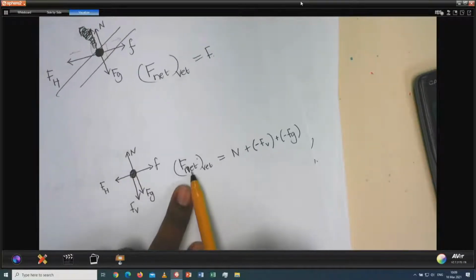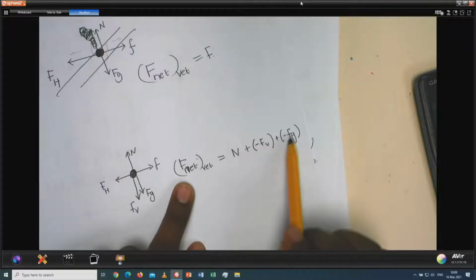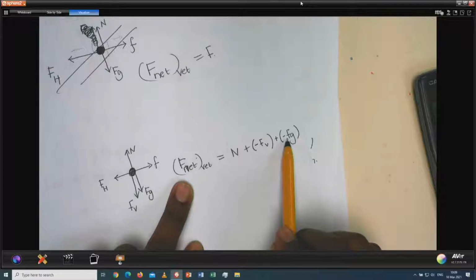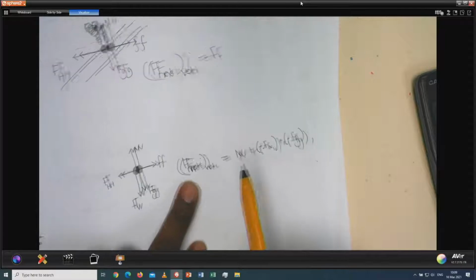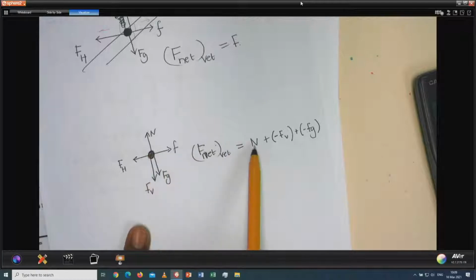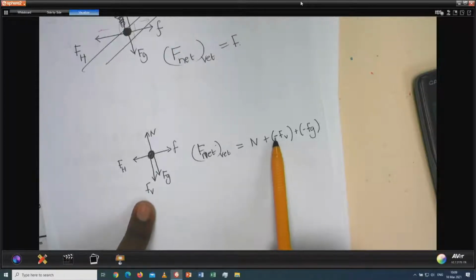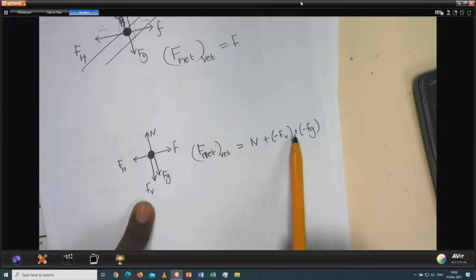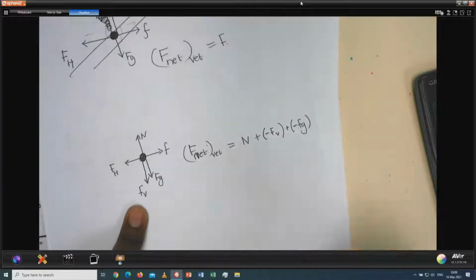Net is the sum of all the forces acting on the object. A force is a vector. It must have direction. So if up is positive, down will be negative. When you look at the free body diagram, the normal force is in the upward direction. In maths, if we have a plus, you don't write it. Then plus the vertical component in its direction, which is downwards, plus the gravitational force in its direction, which is also downwards.